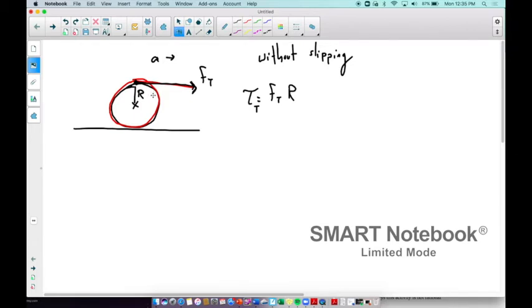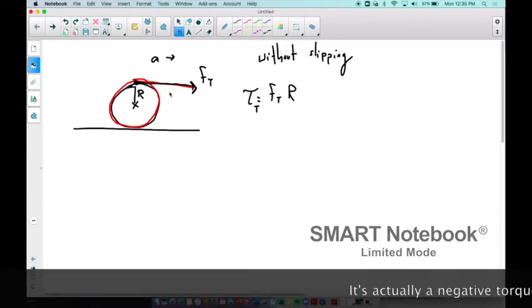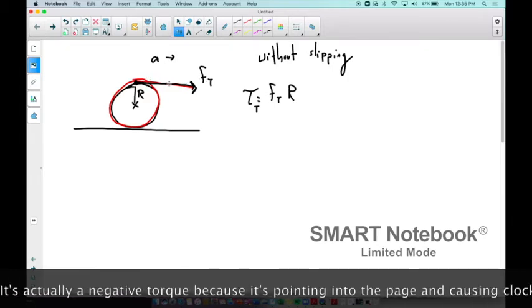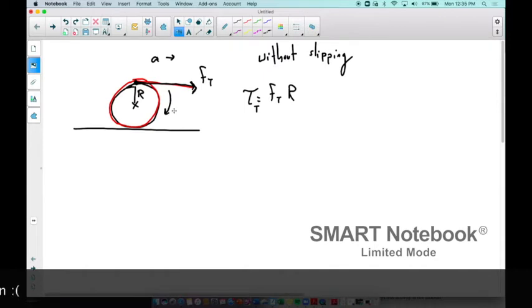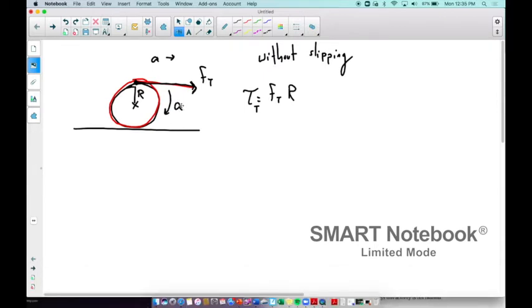And it looks to me like that is, to put it quite simply, a positive torque. So I know that because my force of tension is quite big here, this thing must be caused to rotate around clockwise. The angular acceleration is pointing this way, because that is what this torque is doing, okay?